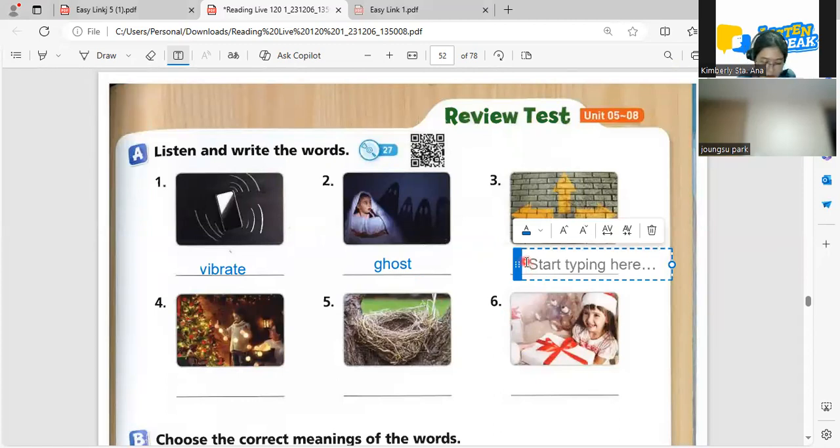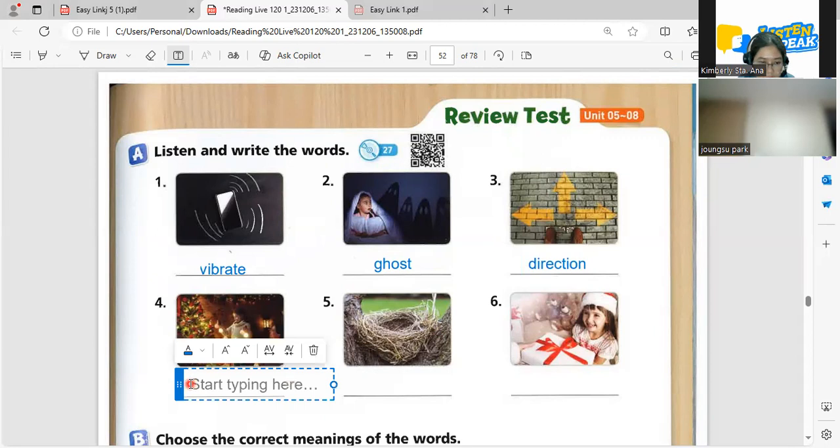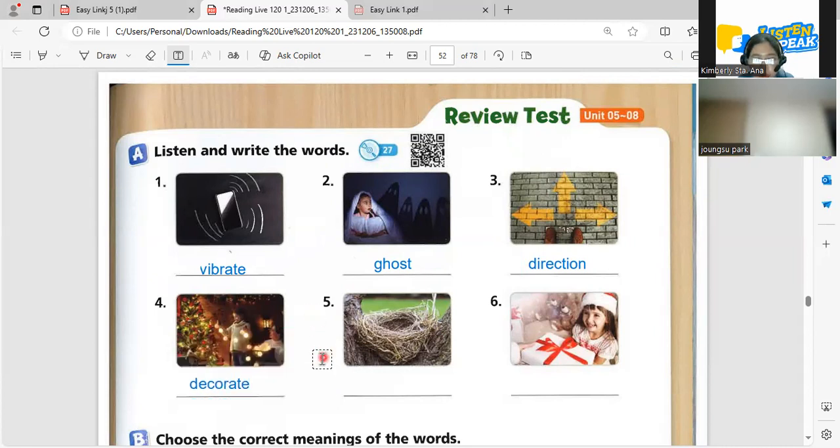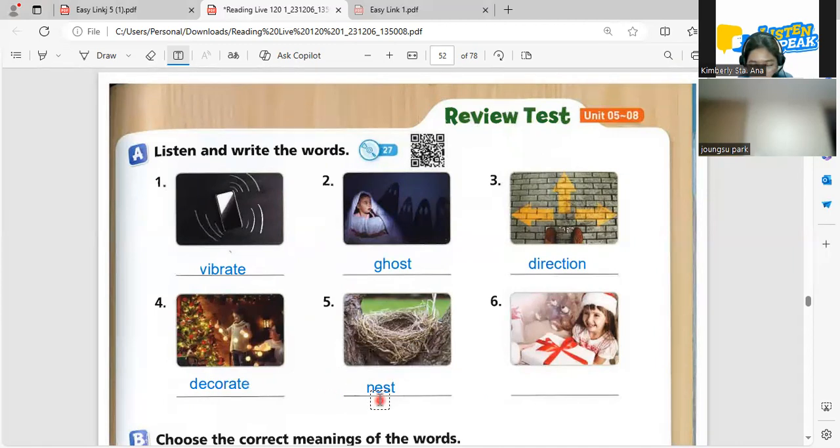It's direction. How about number four? Decorate. How about number five? It's nest. Can you say nest?